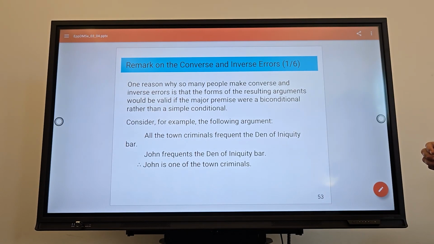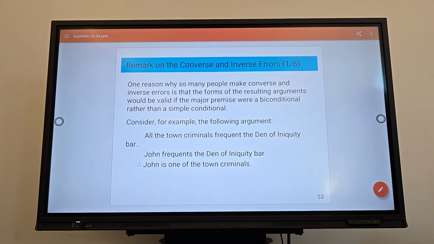One reason why so many people make converse and inverse errors is that the form of the resulting arguments would be valid if the major premise were a biconditional rather than a simple conditional. For example, all the town criminals frequent the den of iniquity. John frequents the den of iniquity.